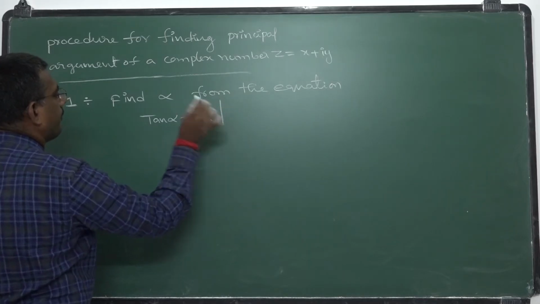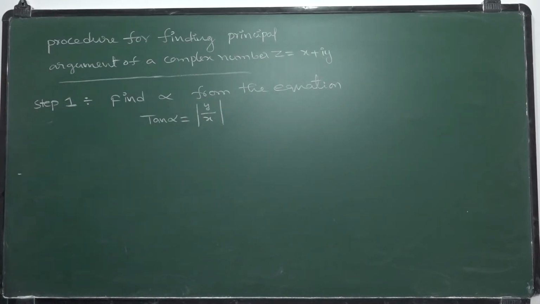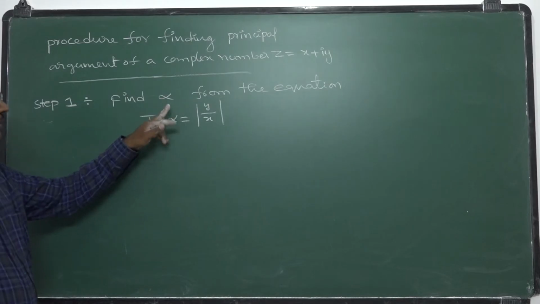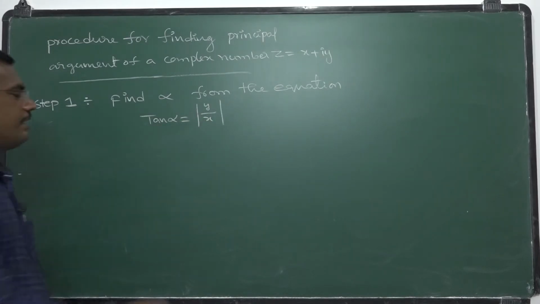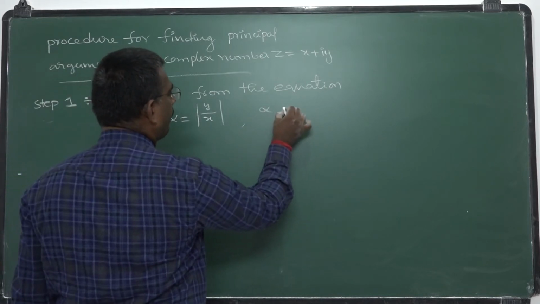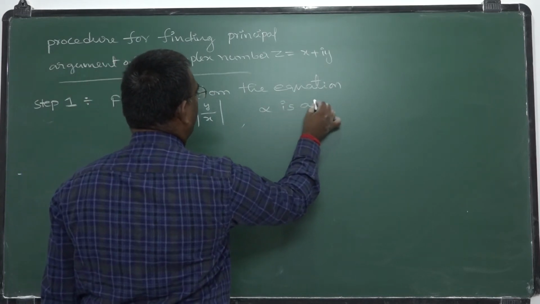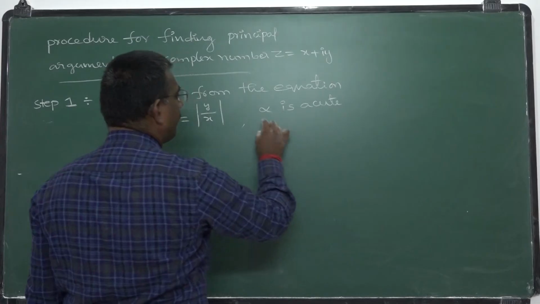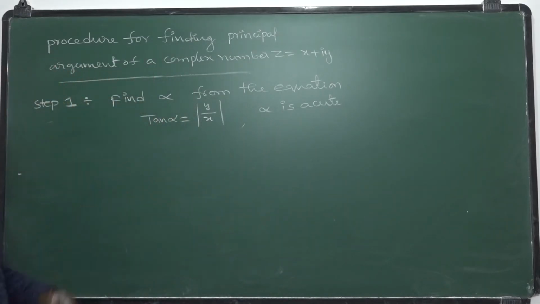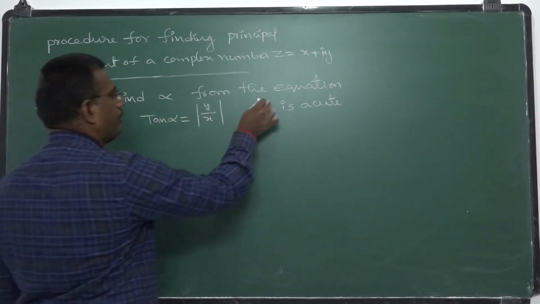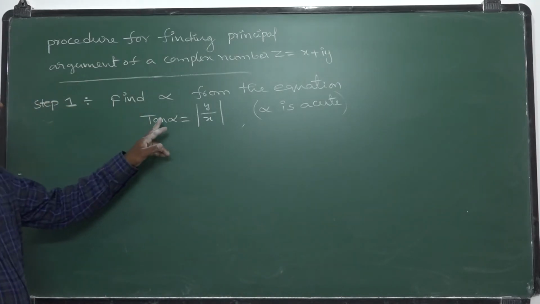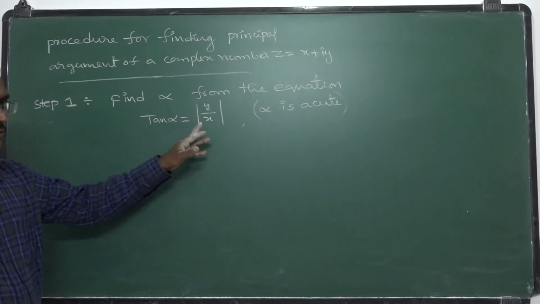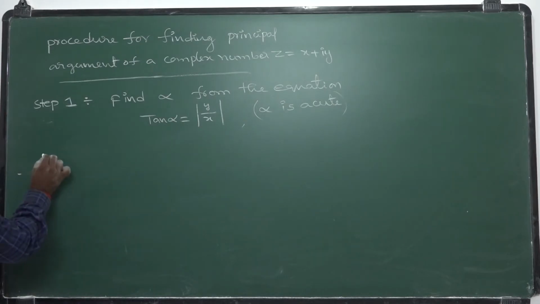Find the angle alpha from this equation. Here alpha is an acute angle, and it means alpha lies in the first quadrant. So we have to find the acute angle satisfying the equation tan alpha equal to modulus of y by x.